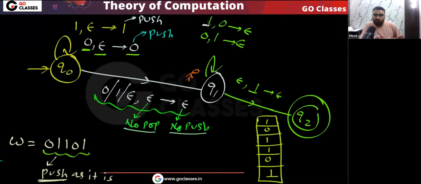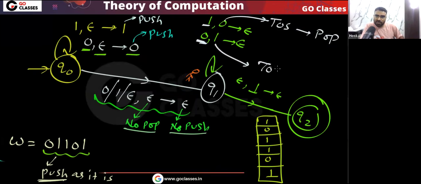If 1 comes, then the top of the stack must be 0, and this we will pop. If input is 0, then the top of the stack must be 1 and we will pop this. There is no push.